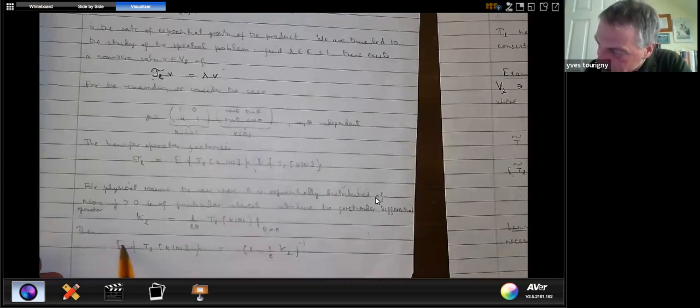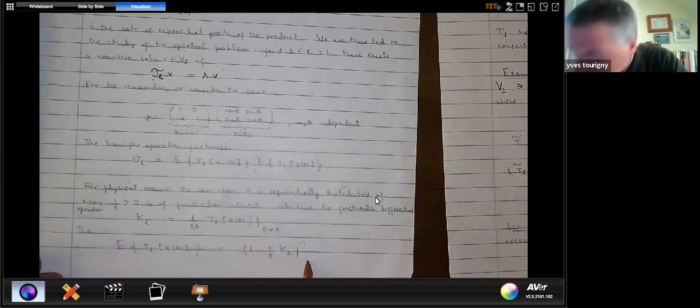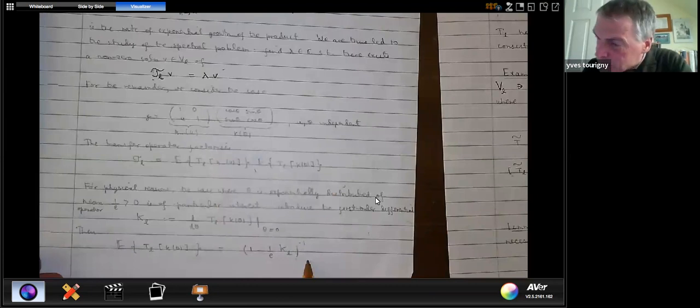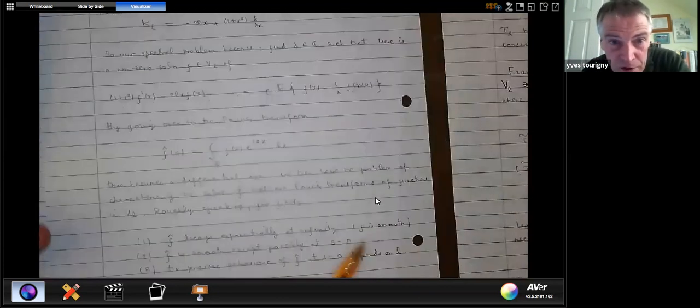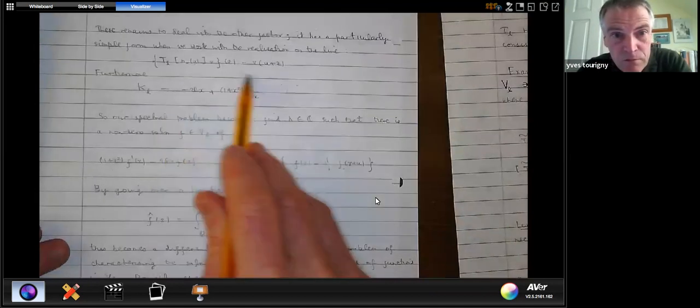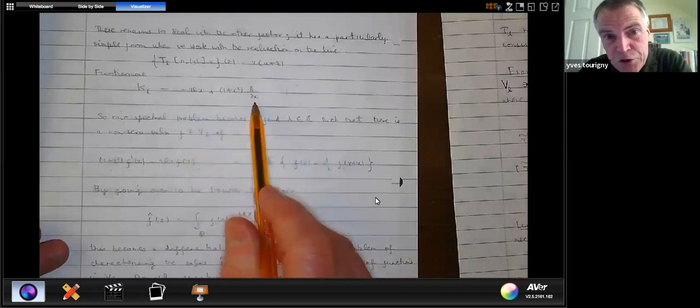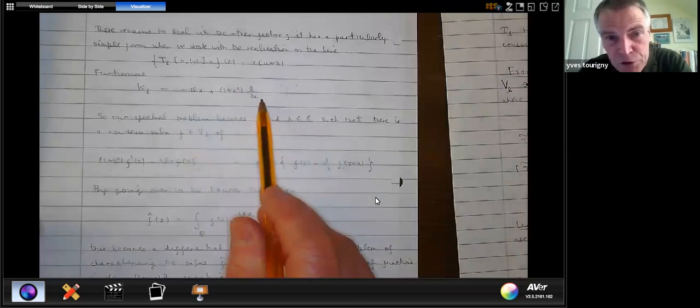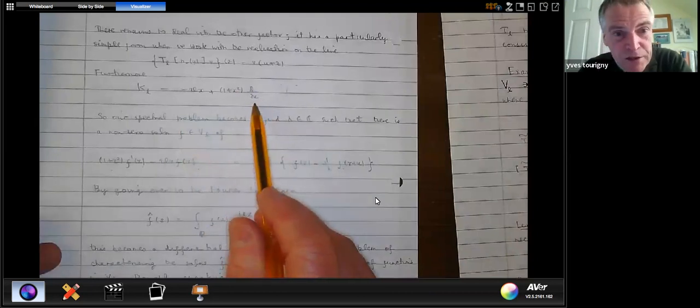This is what I'm expressing at the bottom of the page, where K_L is a very specific operator. The fact that I'm dealing with functions of one variable x now is due to this homogeneity that I've built in.